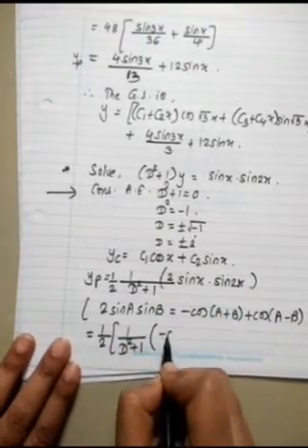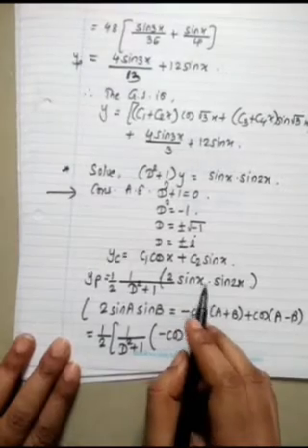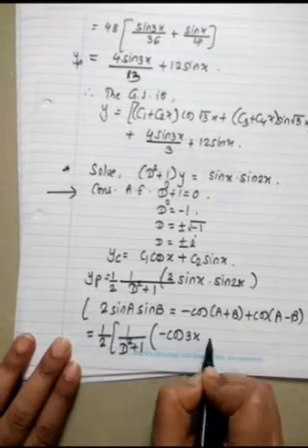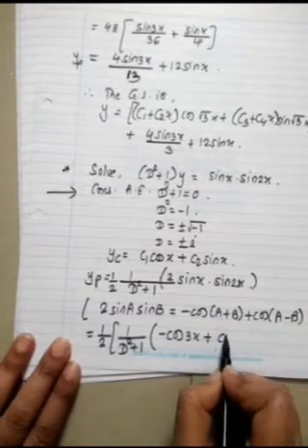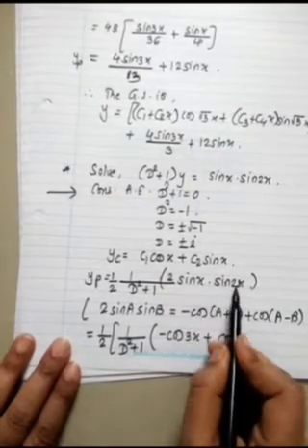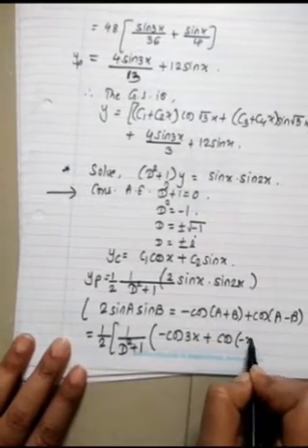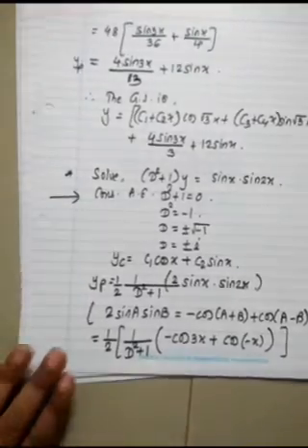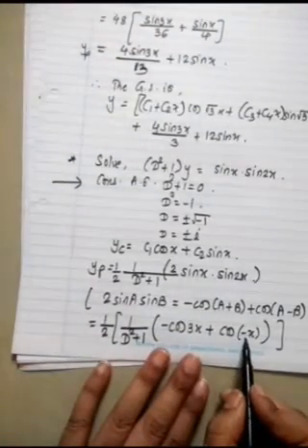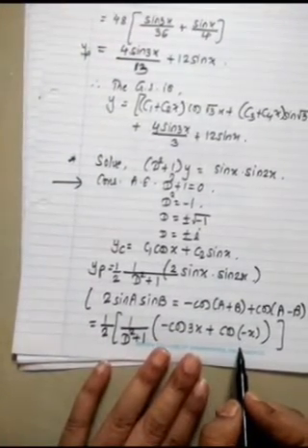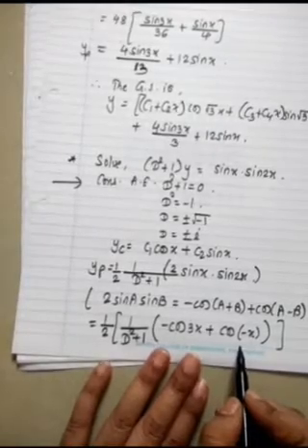We'll get minus cos A plus B, 3x, plus cos A minus B, x minus 2x. It is minus x. Cos of minus x is cos x, and cos of minus theta is cos theta.